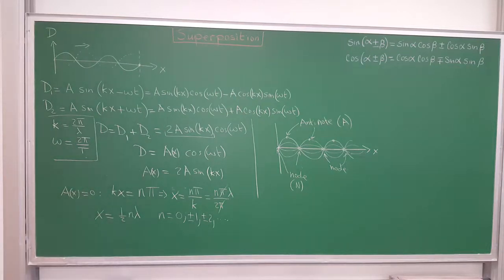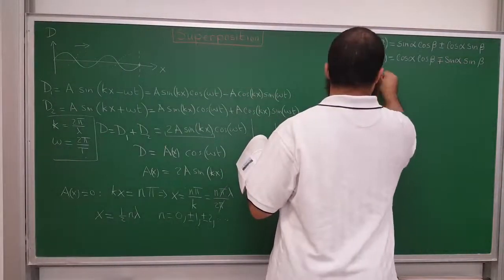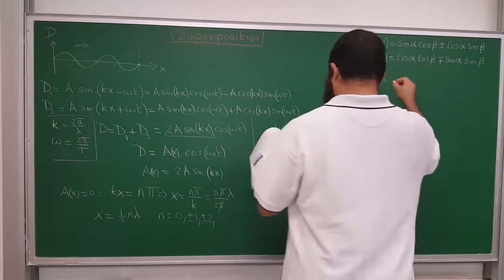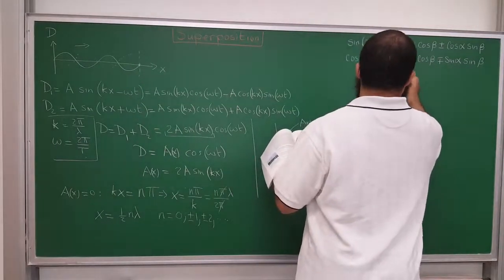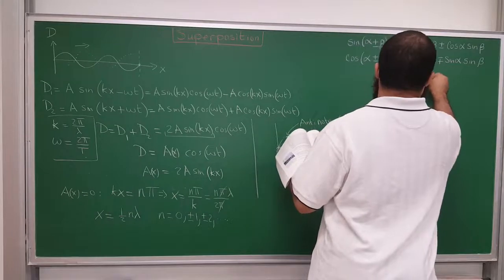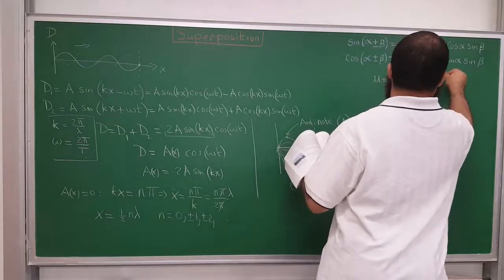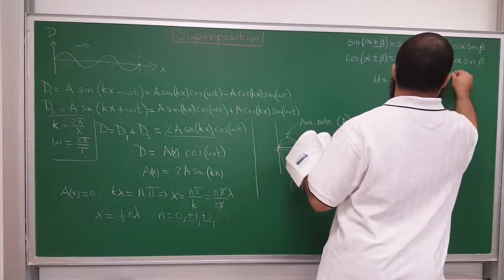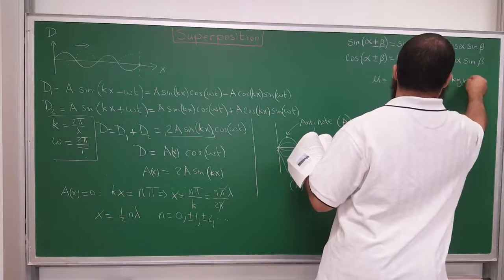I want to show you an example here. So the example says the following. You have a very long string. It has a linear density of 5 grams per meter, is stretched under tension of 8 newtons. So we have a string under tension where mu is 5 grams per meter, and that's 5 times 10 to the minus 3 kilograms per meter.